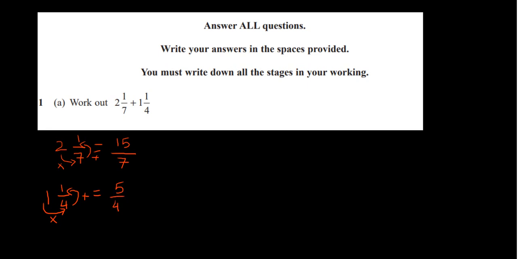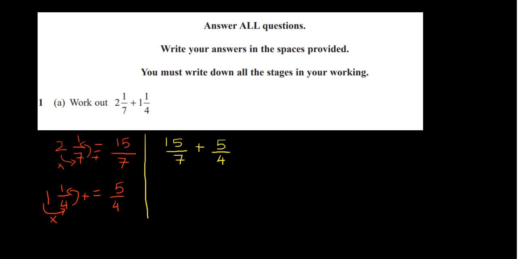I'm gonna start off in yellow now, so just portion that bit off. So my new fractions are gonna be 15 over 7 plus 5 over 4. Now in order to add fractions, the denominators need to be the same, and the denominators are not the same.